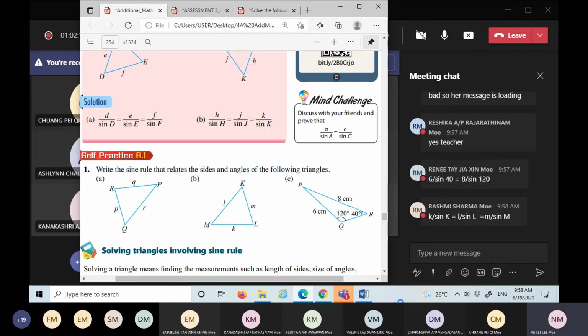So B: K over sine K, L over sine L equals M over sine M. All correct.